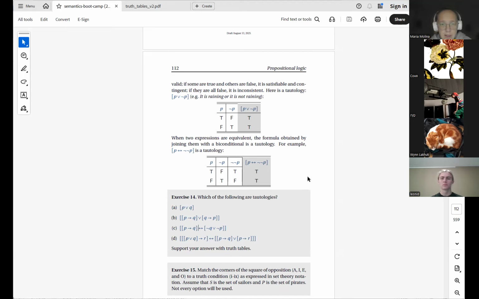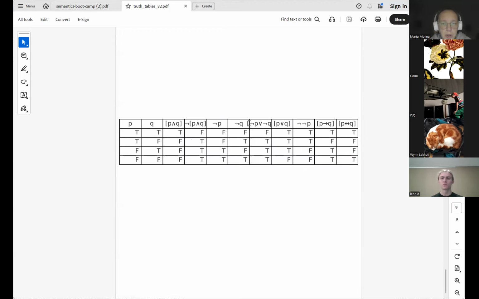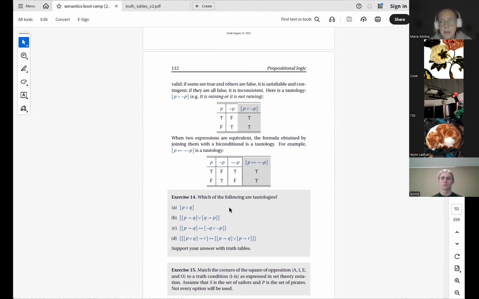There is a condition under which P or Q gives us false. It's not always true. Yeah, if P is false and Q is false, then P or Q would be false. So, no, A is not a tautology.